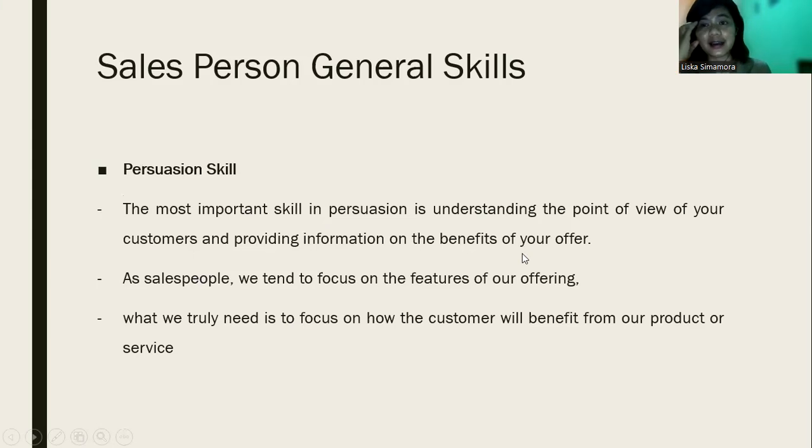It comes from the understanding of your customer and the understanding of your product, right? If you know the problem of your customer, but you don't know your product, what things are you going to offer? And vice versa. If you really understand your product, but you don't know the problem of your customer, you will offer the wrong product to them and they feel not helped at all, right?